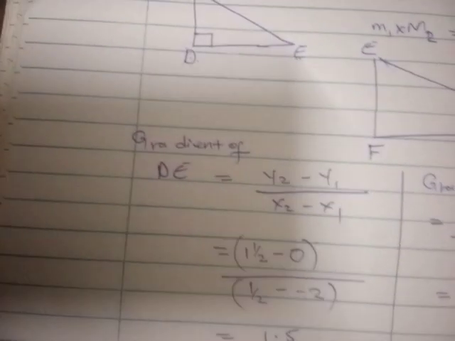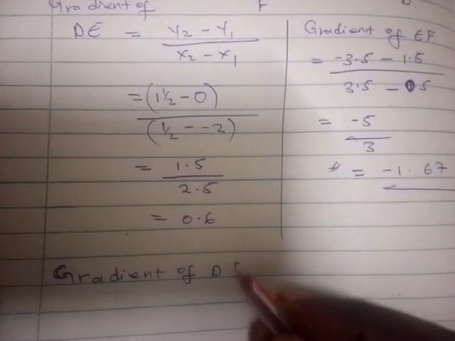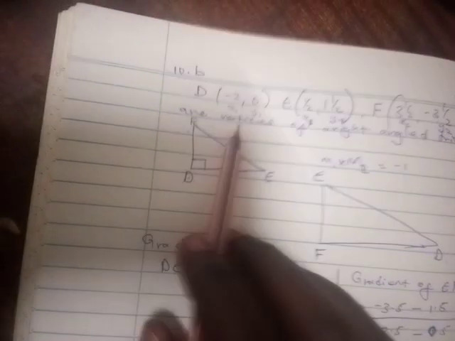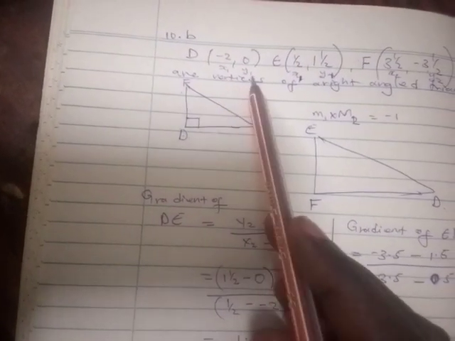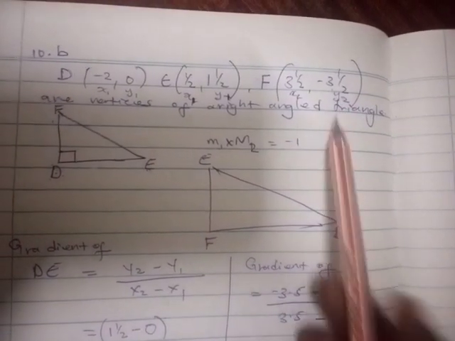Now we can get the gradient of FD or DF. So gradient of DF, still the same. So I have D, I have F. This one can remain as x1, y1, and this one can remain as x2, y2.